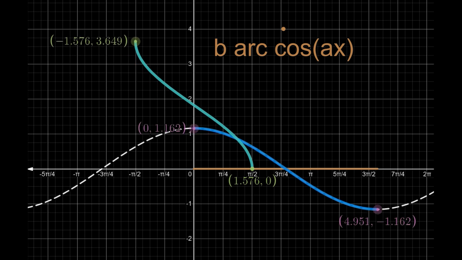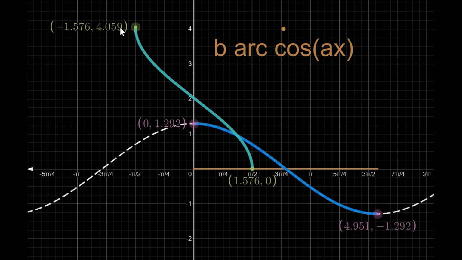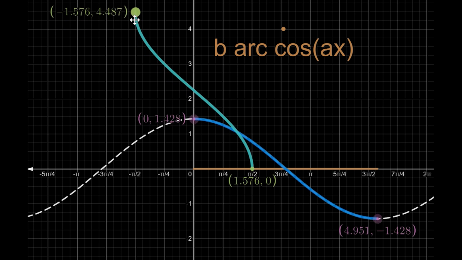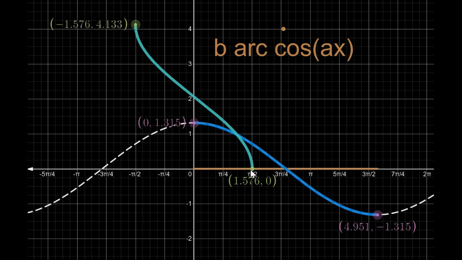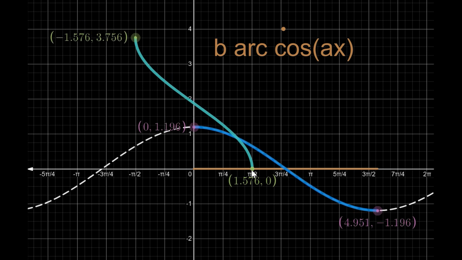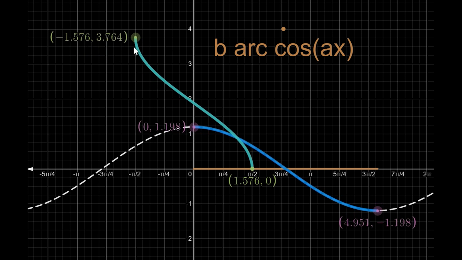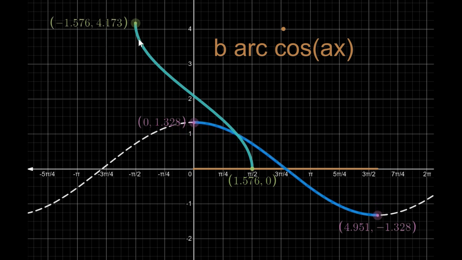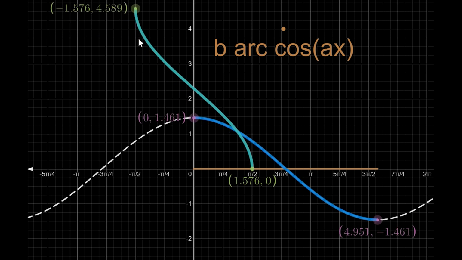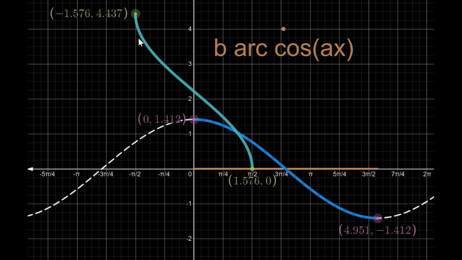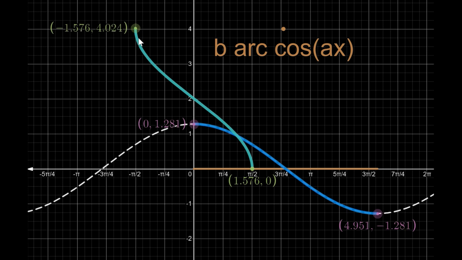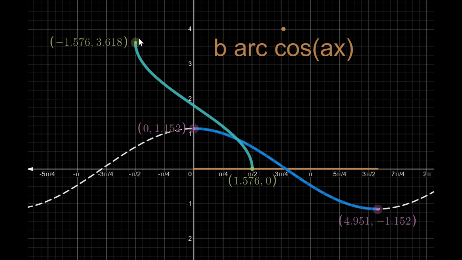b is the vertical stretch factor. As you can see, the y value gets multiplied. 0 remains at 0. So the minimum for b arc cos ax is still 0. However, the maximum, which was pi for arc cos x, is now b times pi, because it is vertically stretched by a factor of b.